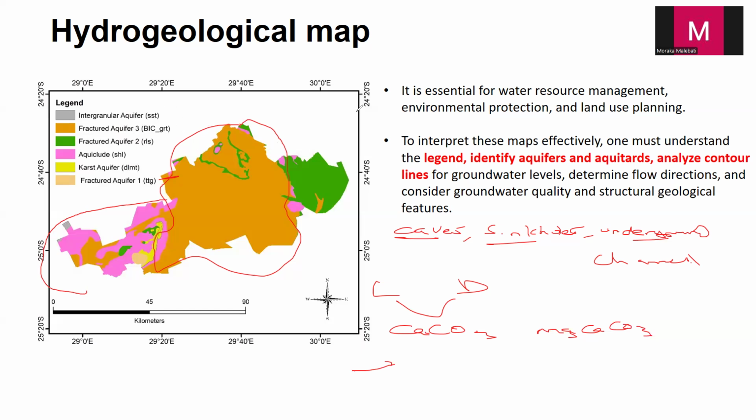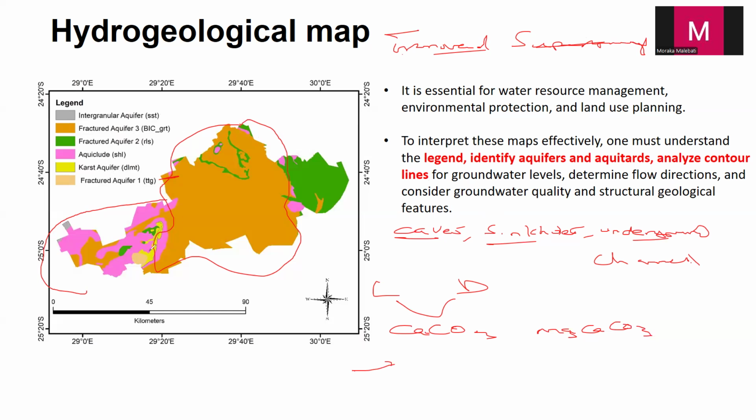We have, for example, the Transvaal supergroup, especially the lower portion. It has got these dolomites, and then we've got the likelihood of forming karst aquifers, and then more groundwater occurrence.